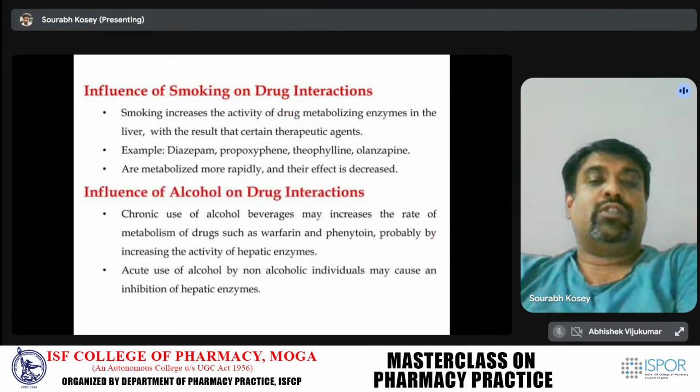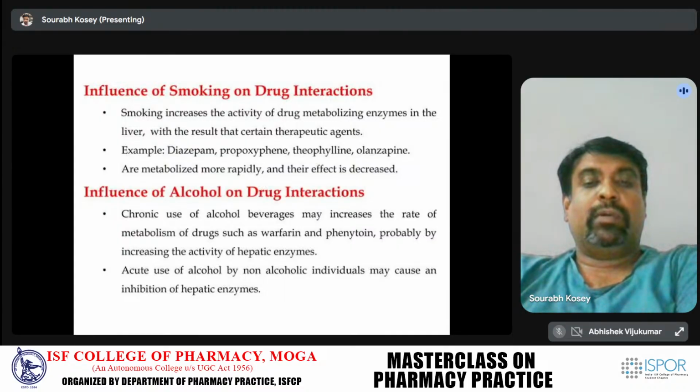Influence of smoking on drug interaction: smoking increases the activity of drug metabolizing enzymes in the liver, which results in certain therapeutic agents like diazepam, propoxyphene, theophylline, and olanzapine being metabolized more rapidly and their effect decreased.